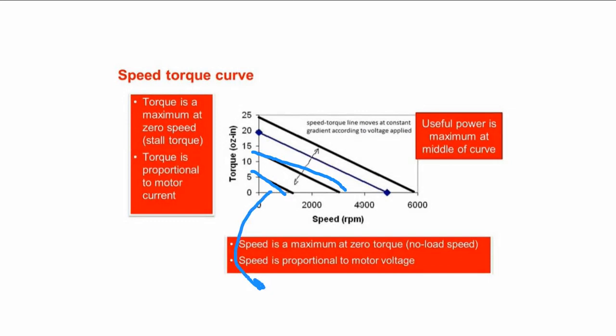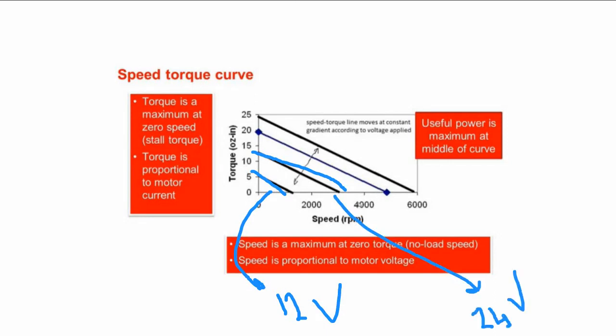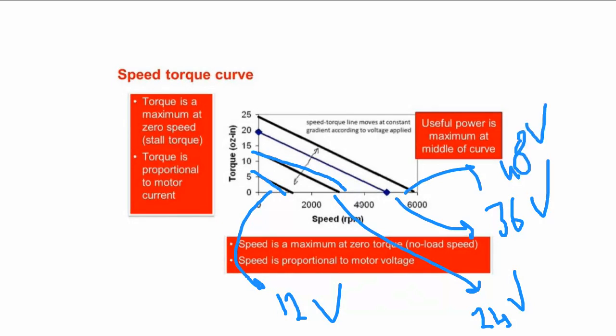For example, here it's just my idea, 12 volt. For example, this one, 24. This is, for example, 36. This is, for example, 48 volt. Generally, DC motors operate at different voltage levels. So, for example, in an automotive application, we might have a 12 volt supply voltage, and so we would be seeing the motor characteristic along this curve.